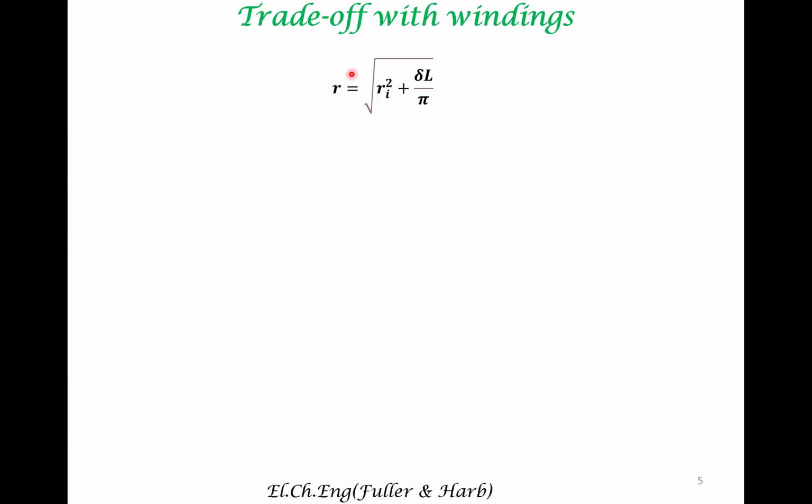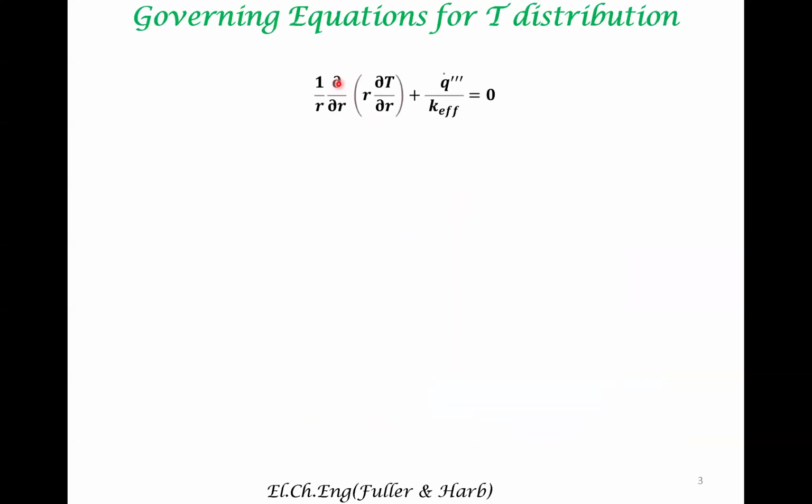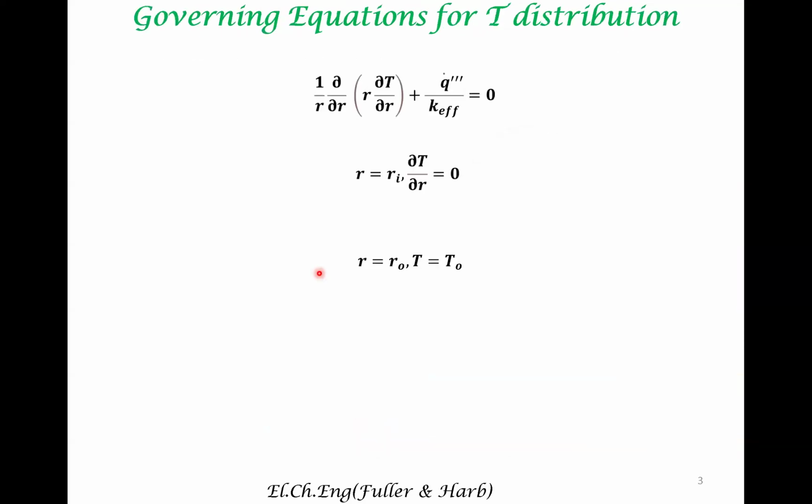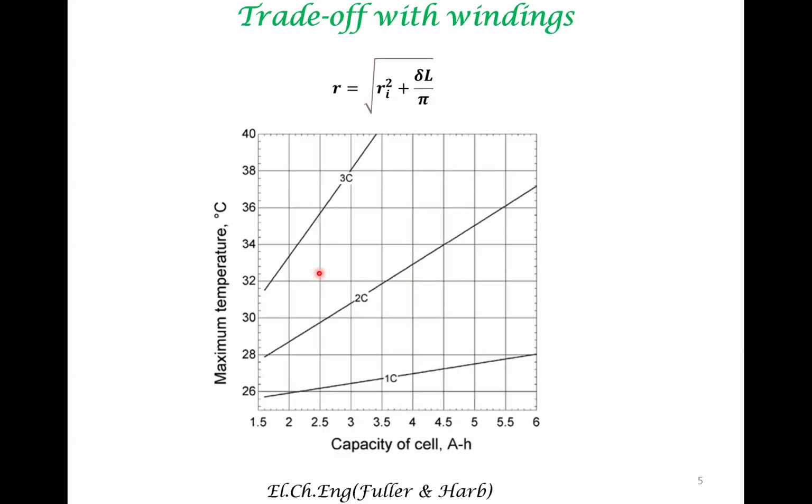There is an inner radius, and the outer radius also increases as you increase L. So even though you have the advantage of increasing the capacity by increasing L, you don't want to be doing that because your maximum temperature also increases.